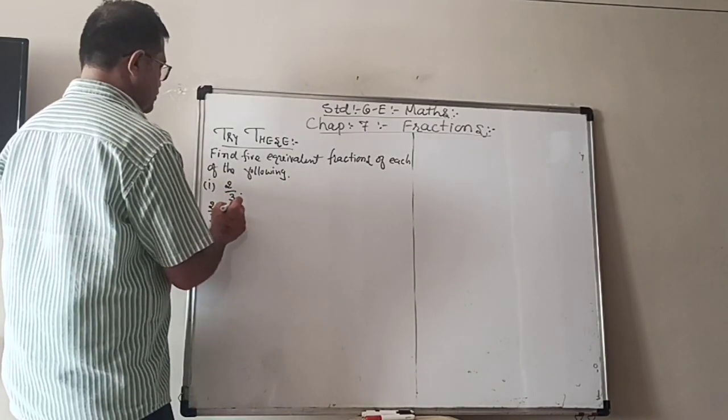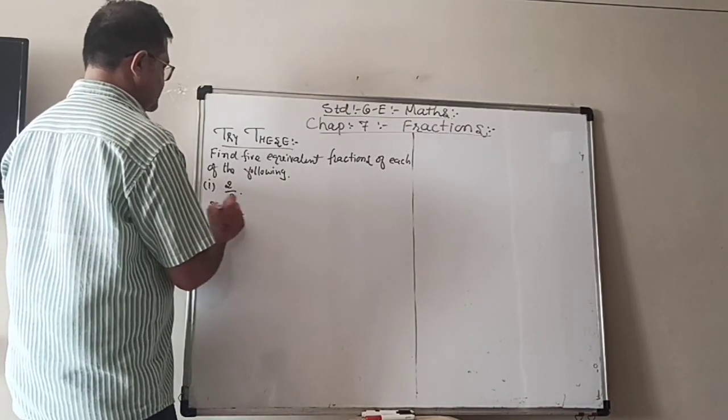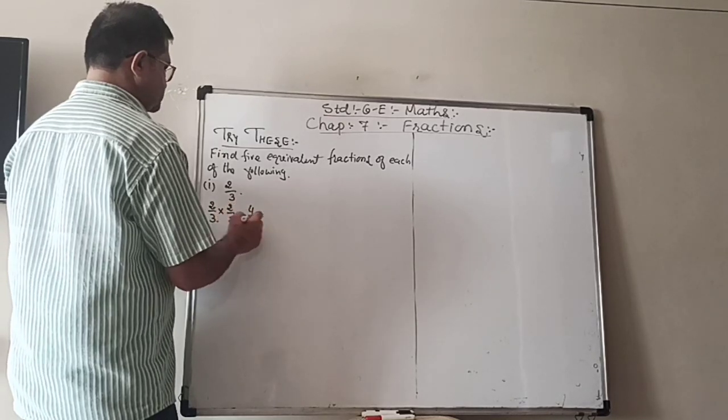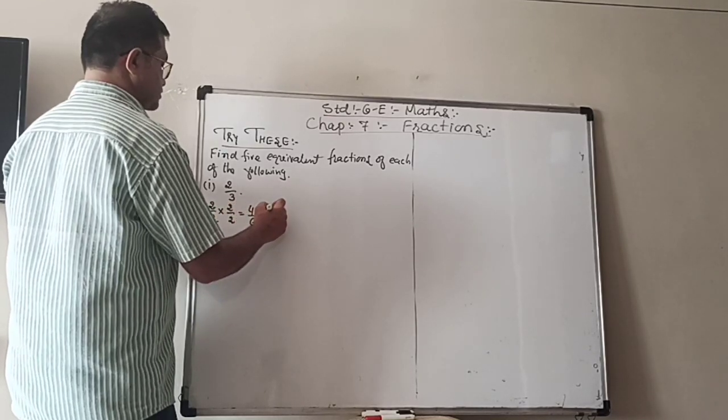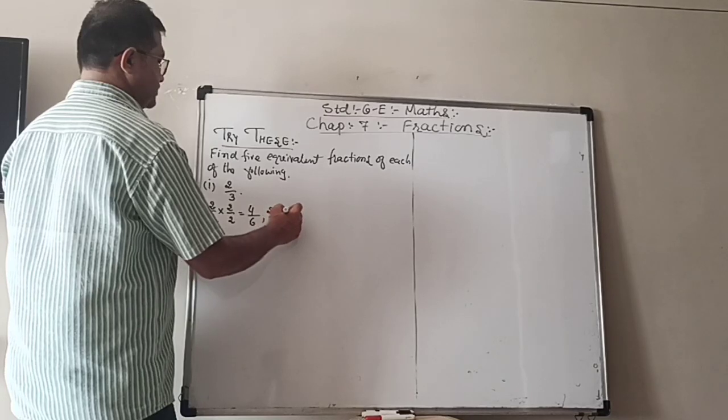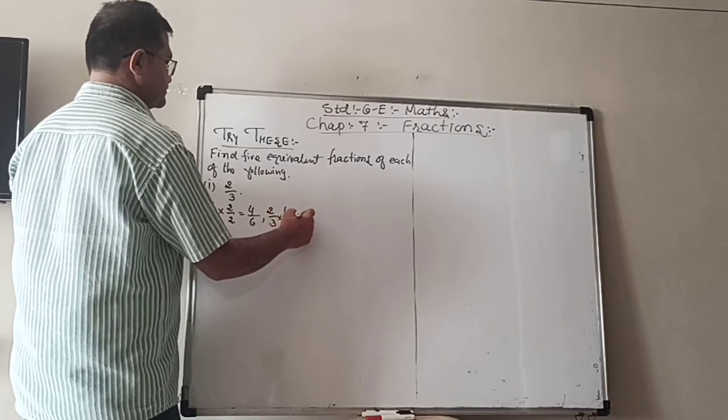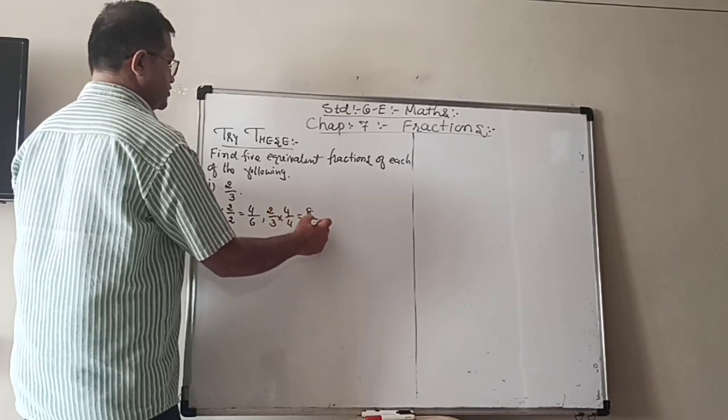So first we will take 2 by 3 multiplied by 2 by 2, that is 4 upon 6. 2 by 3 multiplied by say 4 by 4, 8 upon 12.